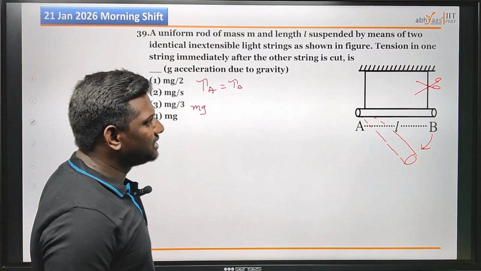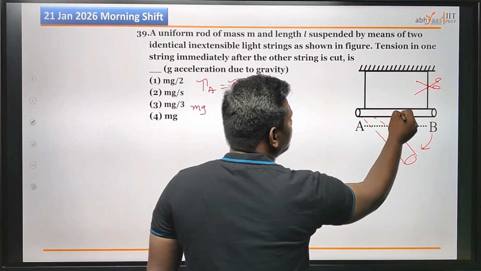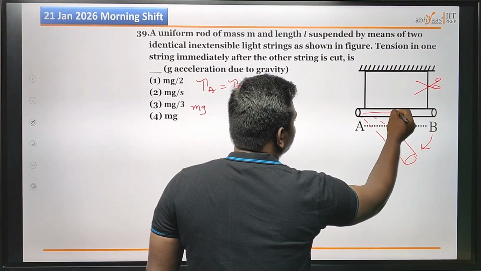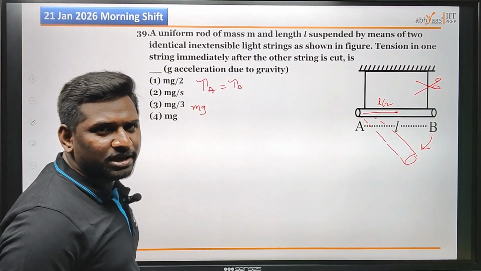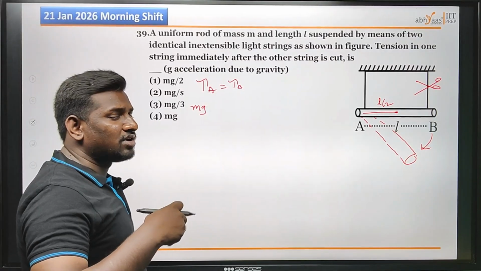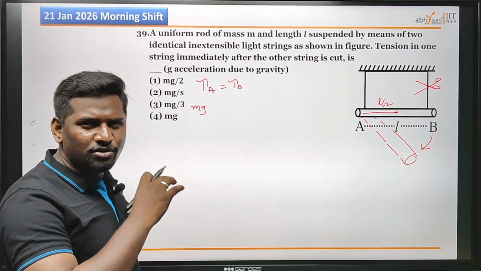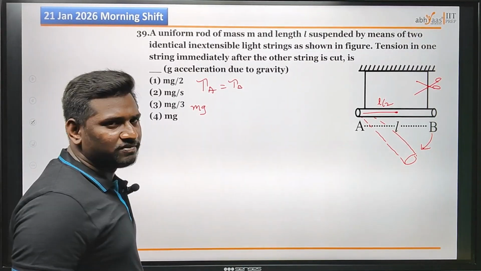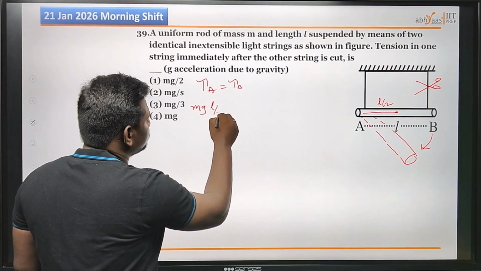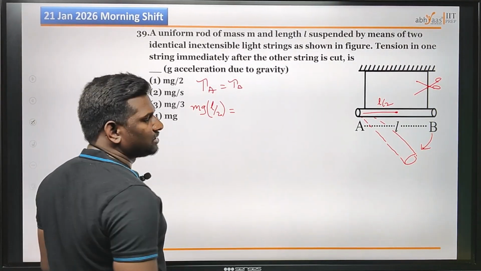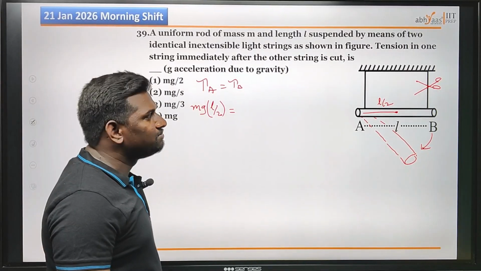What is the R? The perpendicular distance, that is nothing but L by 2. If mass is distributed over the length, you have to take the half of the length. So mg L by 2. What is the torque? I alpha, simply I alpha.